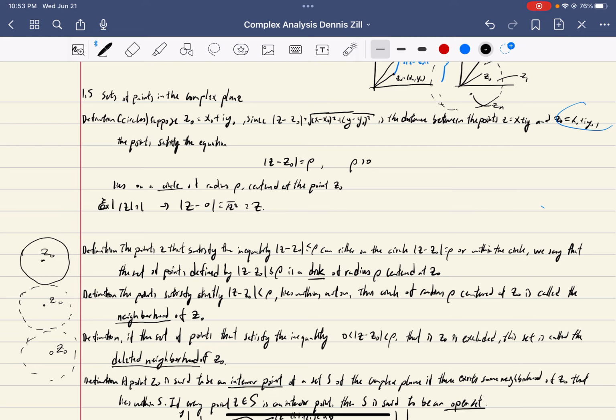This is not just x, this is not just 0 plus 0i. Actually, the modulus of z is equal to rho. You can think of it like that.